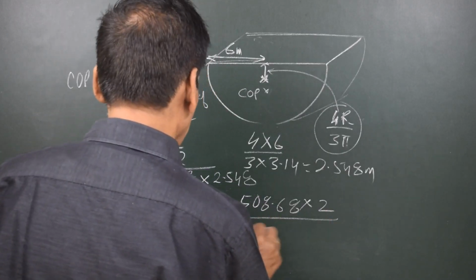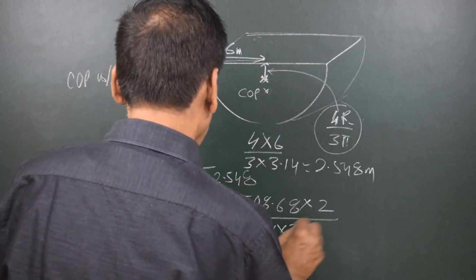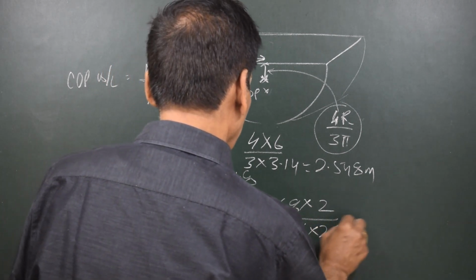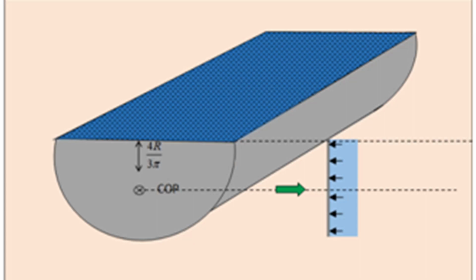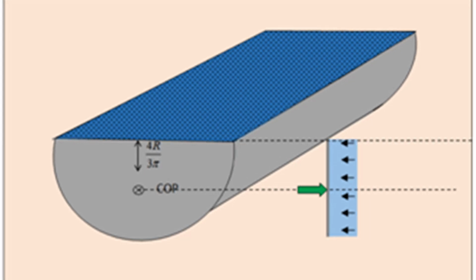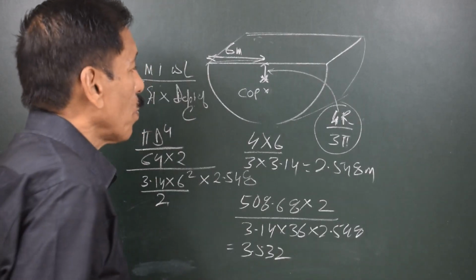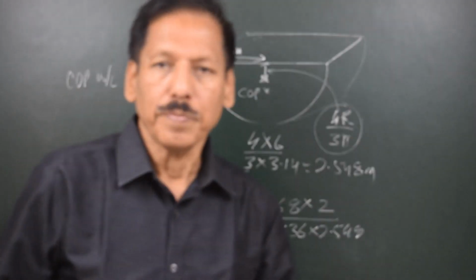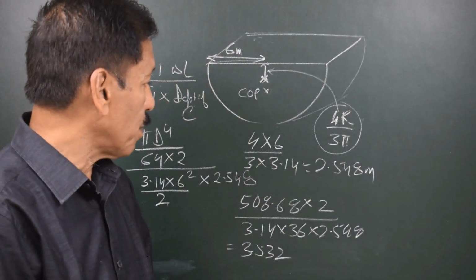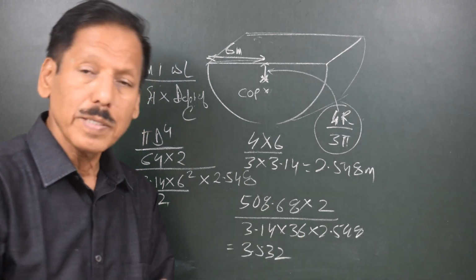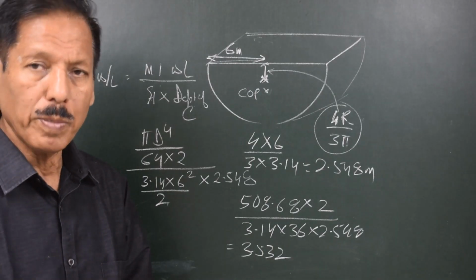Divided by 3.14 into 36 into 2.548 gives me 3.532. So that is the distance of center of pressure from the water level. So we have seen that the center of pressure generally should be below the geometric centroid.